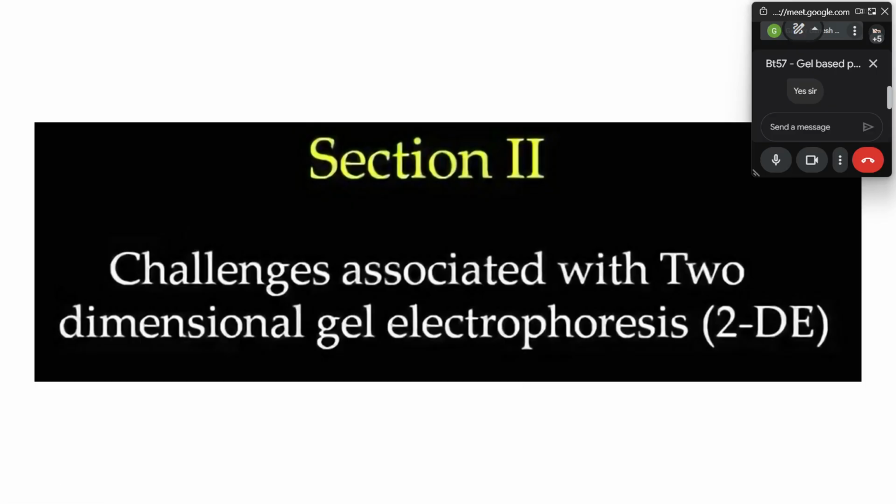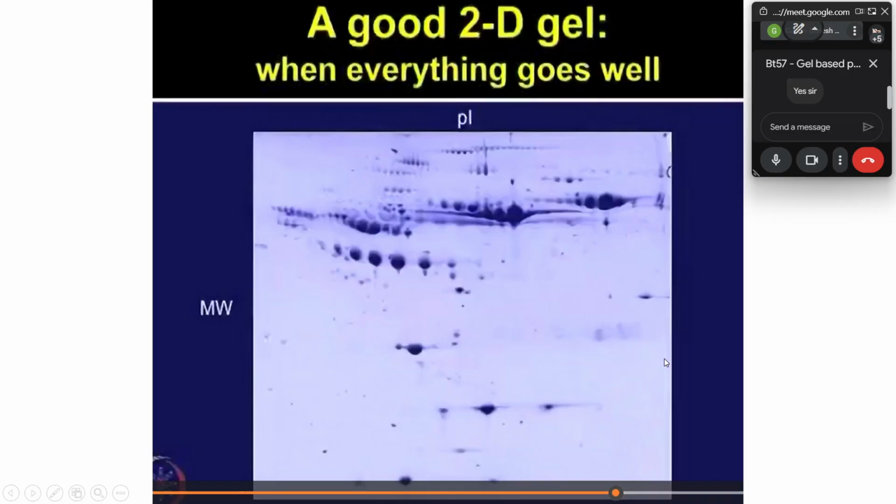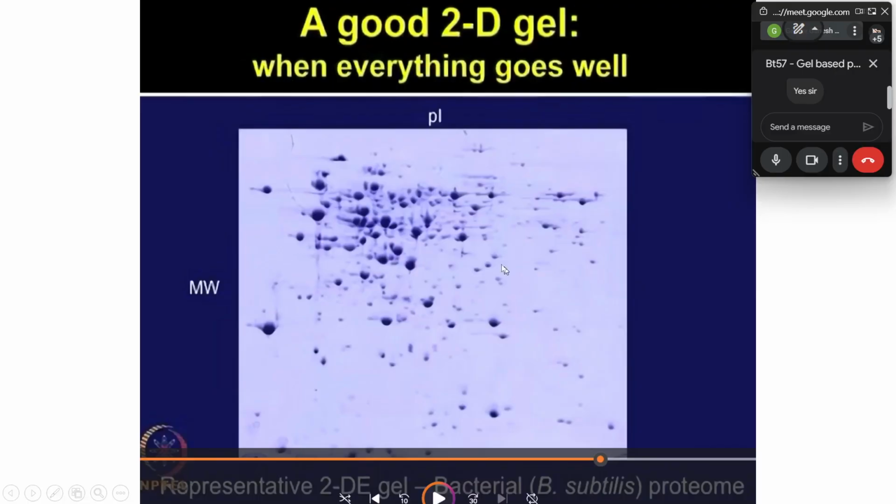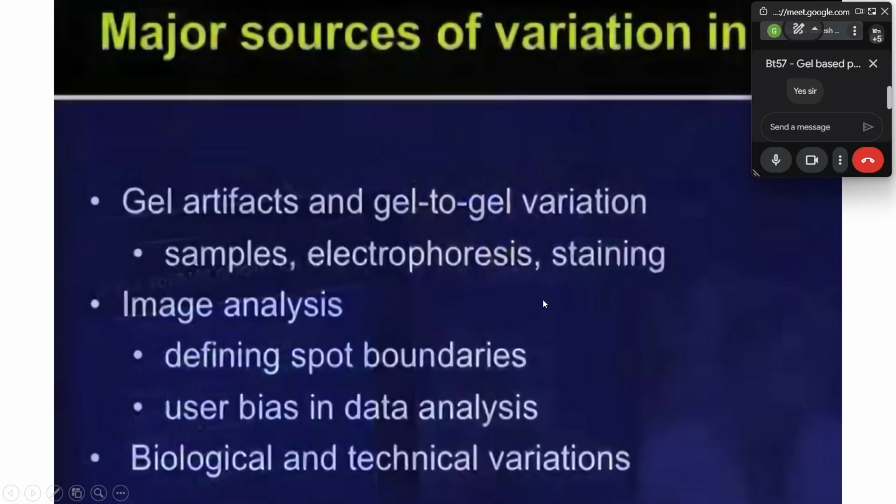There are a few challenges related to two-dimensional gel electrophoresis. This is how a good gel looks if everything goes well. Similarly, this is another example of a good gel. But something bad can happen for a number of different reasons.